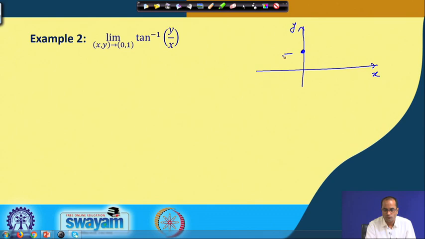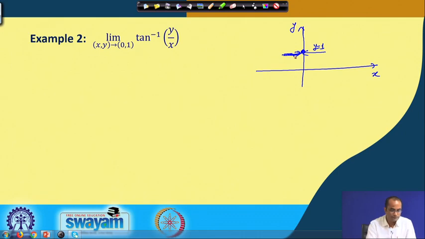We can fix y and take these two paths as x approaches this point from the right side or from the left side. So, along this path we will fix y as 1 and then we will evaluate this limit along these two particular paths.